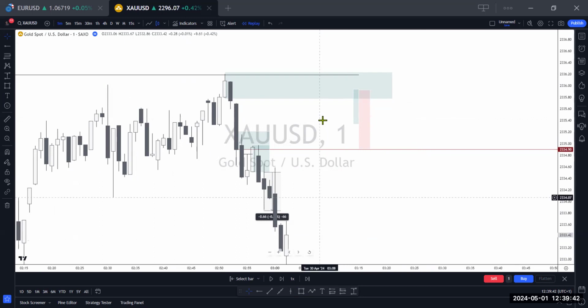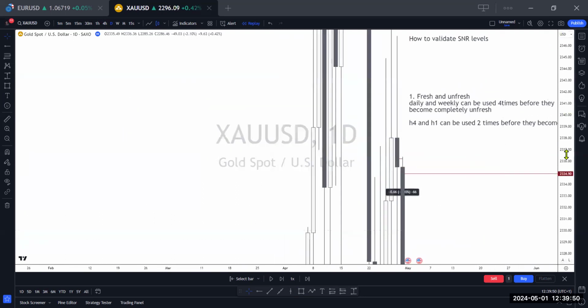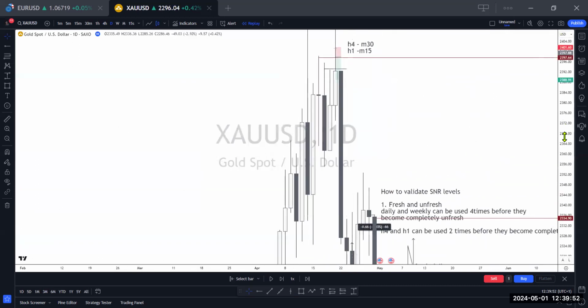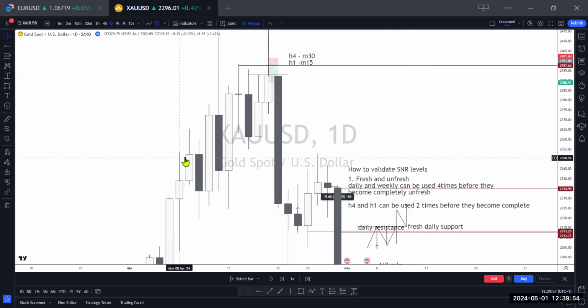So let's see another example. Let's go higher now. All right, guys, see this level.